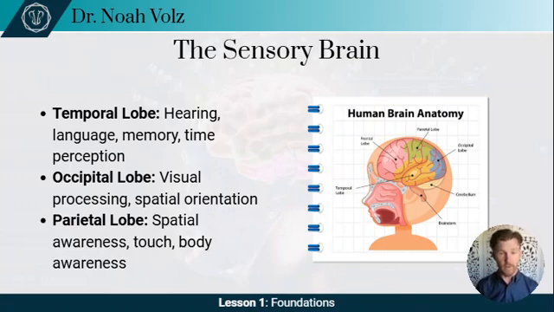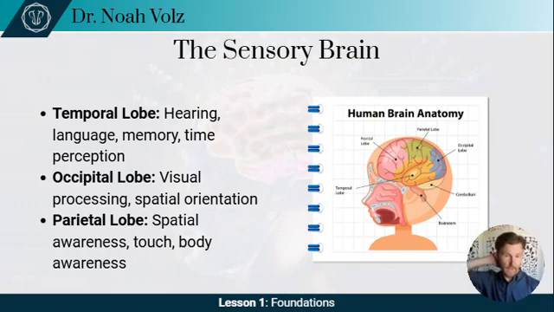So let's talk about the three parts of the brain where the sensory information is basically processed, interpreted, and then gives you information about what you're perceiving. So the first one is the temporal lobe. So we have the temples here. The temporal lobe is just underneath the temporal bone, and it deals primarily with hearing, has some language functions, some memory functions, and also the perception of time.